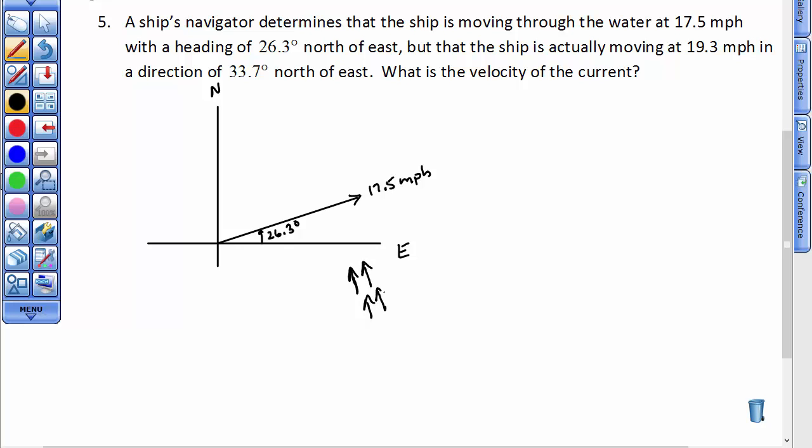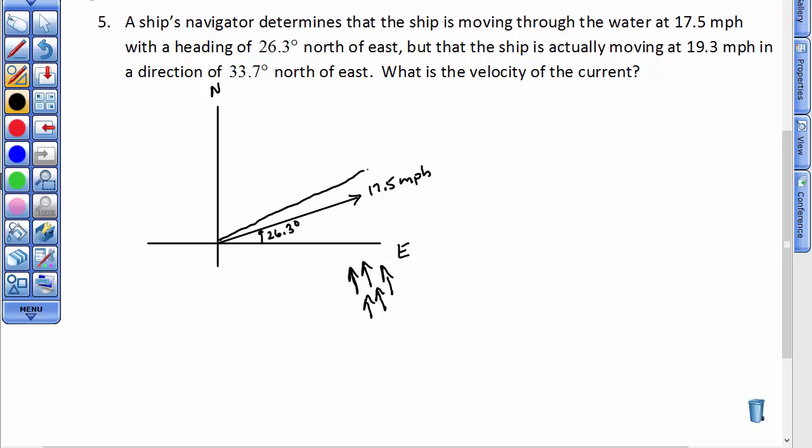I'm just going to draw several arrows. This is the way that the water is, and so it's pushing. This is what it said it's heading for, 26.3 degrees north of east at that speed, but it knew where it wanted to go, and because of the water current, it got pushed a little more northerly, if you will, and a little bit faster.